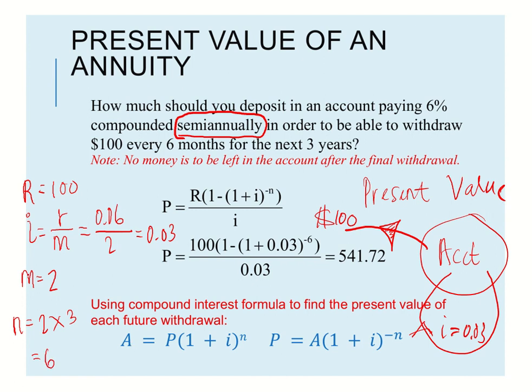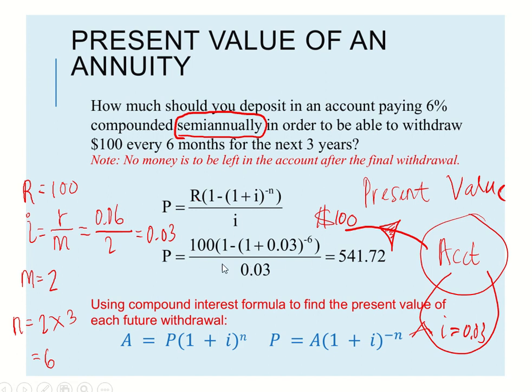By substituting all this into the formula, first R is 100, i is 0.03, and n is 6, so we have negative 6 as the exponent, divided by i, again 0.03.